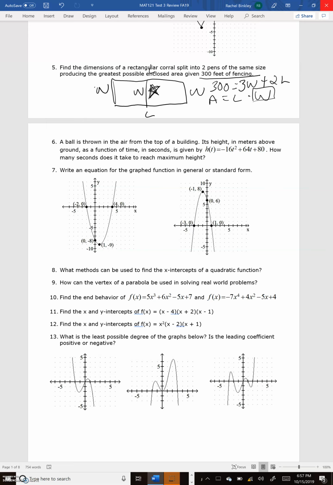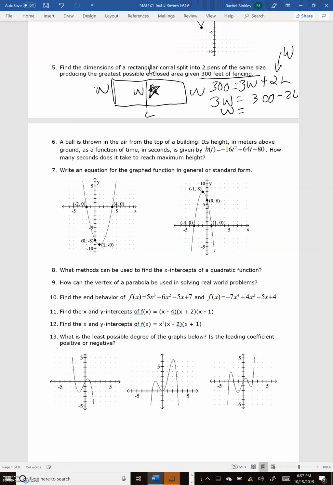So I'm going to solve for W in terms of L. What does that mean? I'm going to erase this first part, and I'm going to solve this equation up here for W. First I'm going to subtract 2 L's from both sides. So then I have 3W is equal to 300 minus 2L. Then I'm going to divide everything by 3.